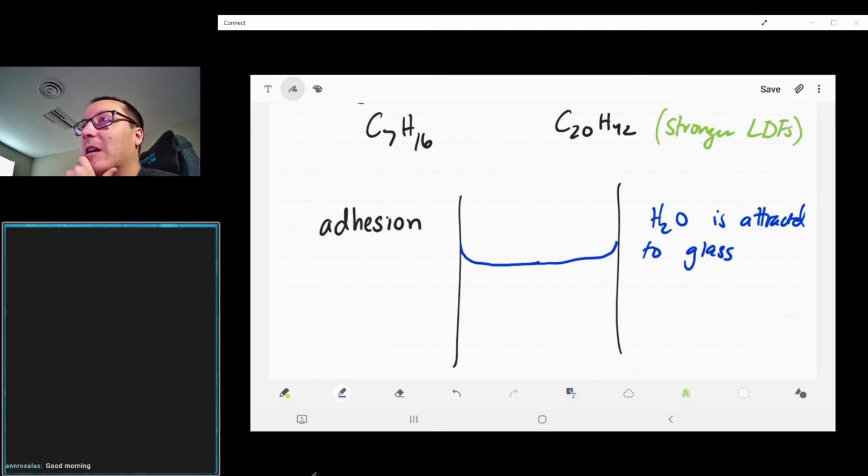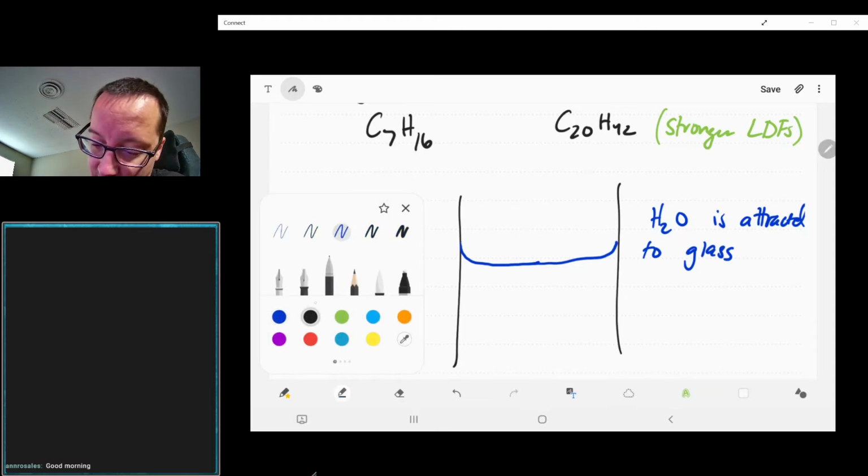You don't need to know that, but this is a property as well, where we're going to see that water will actually climb up against gravity a little bit to the side of the glass because it's attracted to it. So this is a type of interaction between the silicon and oxygen.